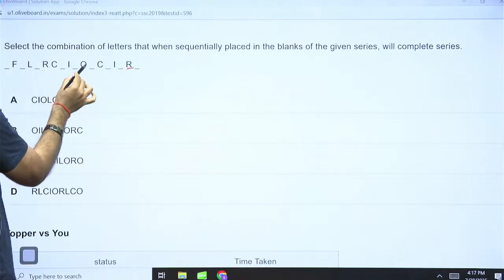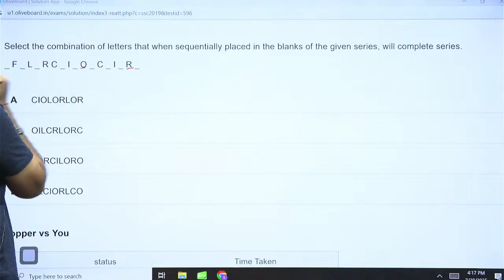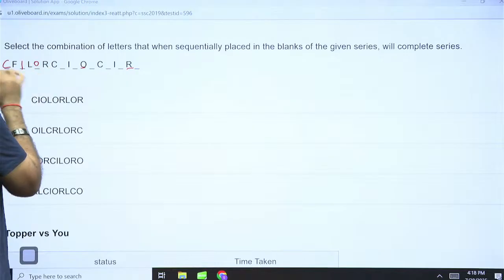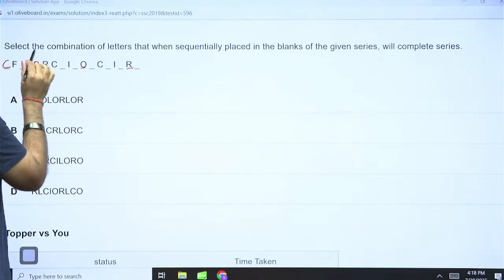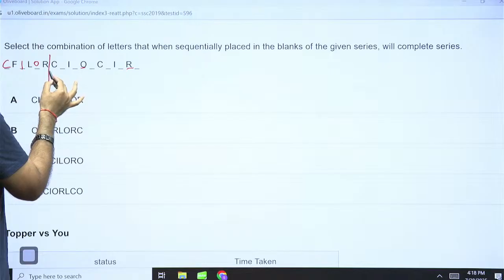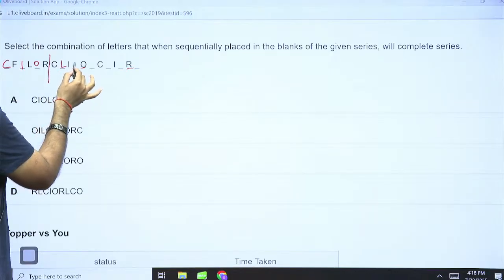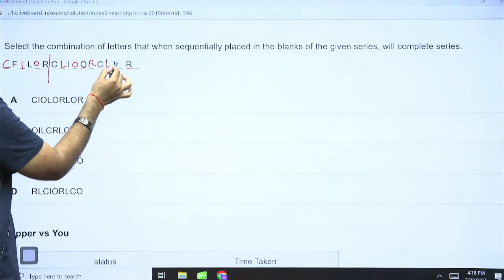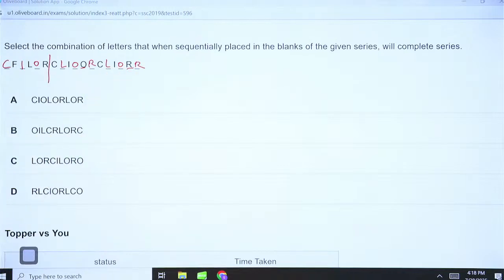So C dash I dash O, C dash I dash R. CFIO, CFILO R, CLIO R. It's not making sense, is it?